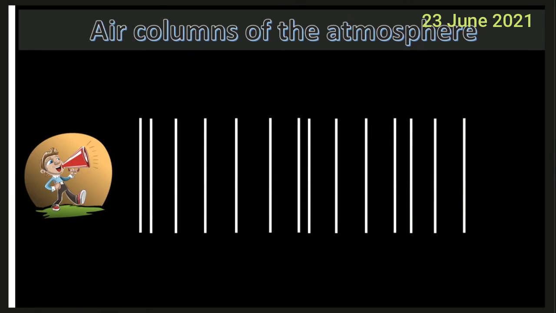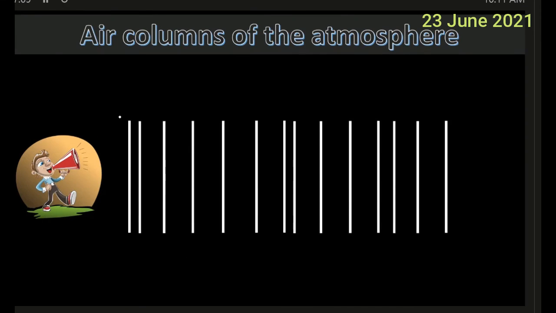These air columns are appearing sometimes closer. You can see that the first two air columns are closer. In between there are two more, and at the last end there are two more. These two air columns are very close, whereas these are not so close. Somewhere here they are close enough.